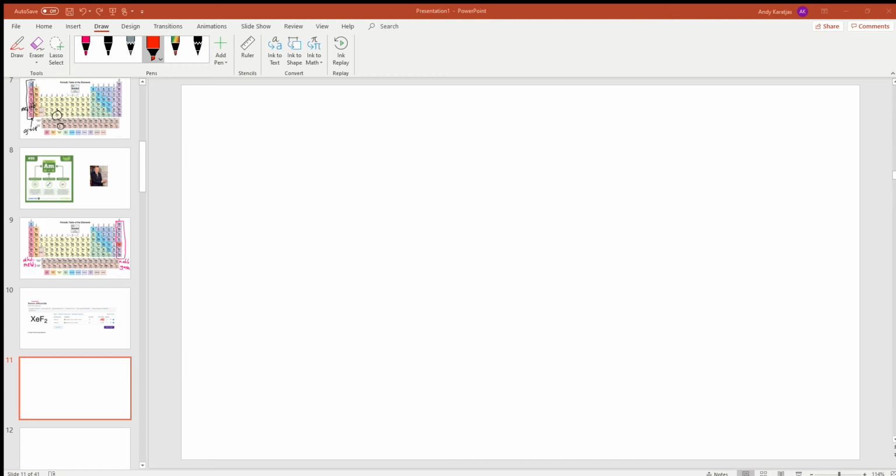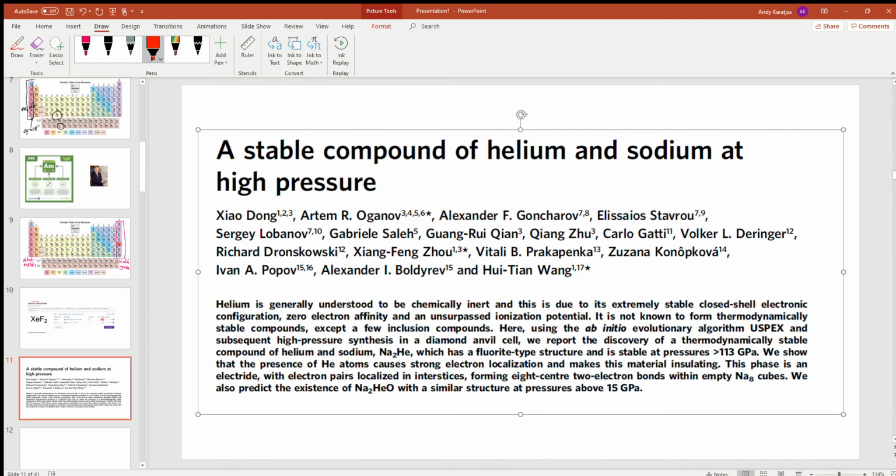So this is a paper that came out just a couple of years ago, 2017 to be exact. And you can see a stable compound of helium and sodium at high pressure. In the very first sentence they say helium is generally understood to be chemically inert. In other words, it doesn't react. However, they were able to find a stable compound.